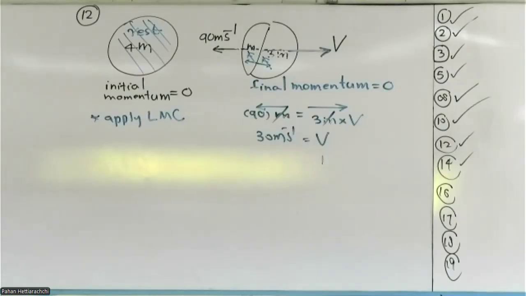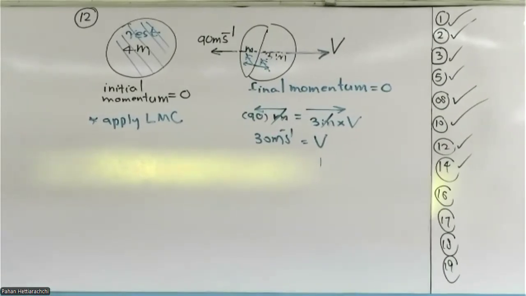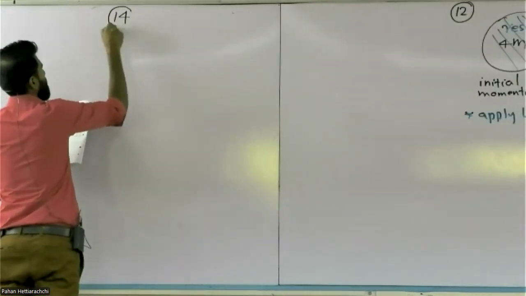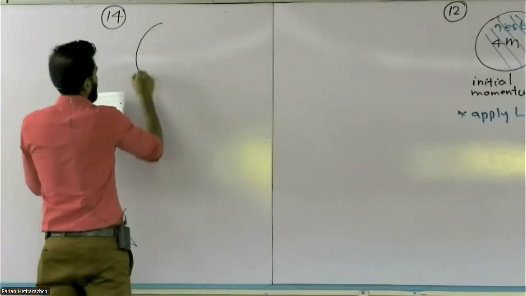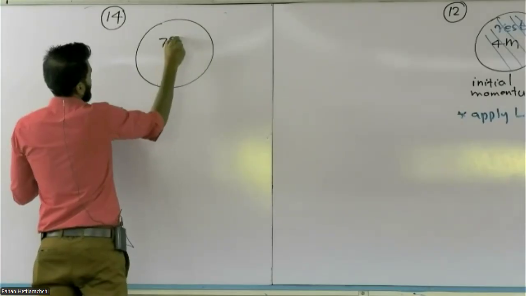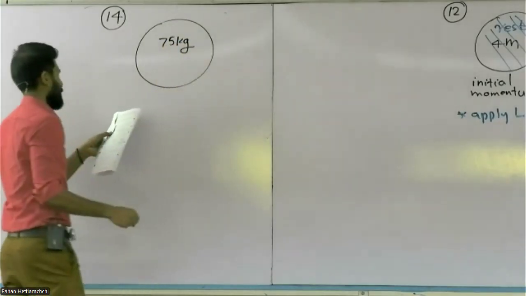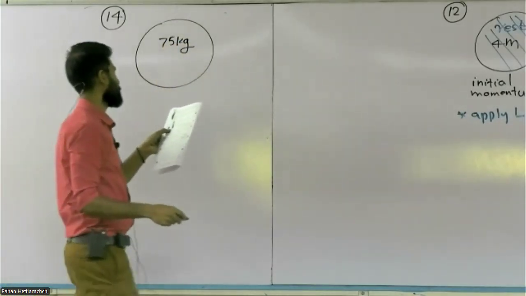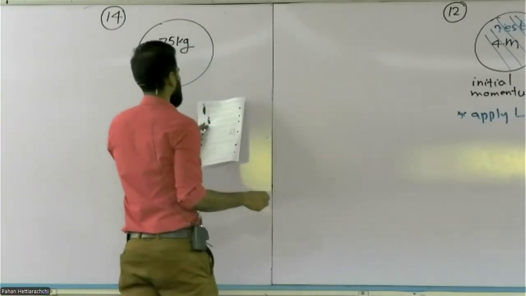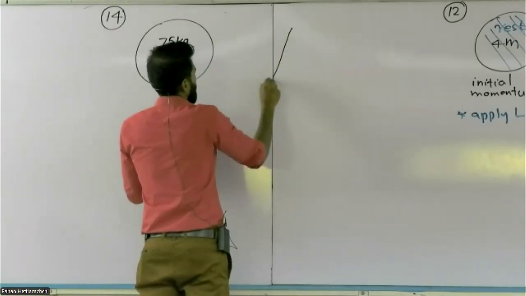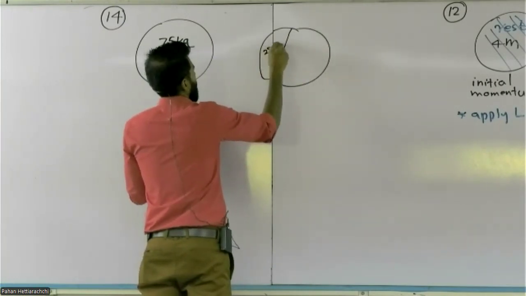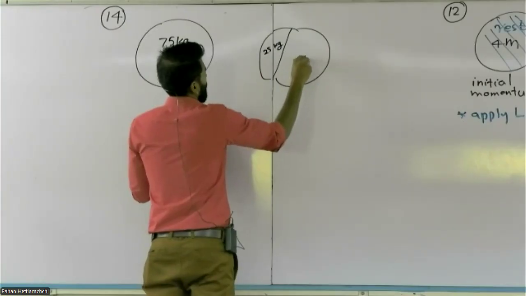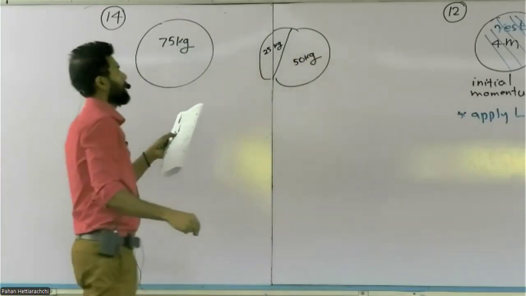Question number 14. A stationary bomb, initially at rest, 75 kg in mass, explodes into two fragments of mass 25 kilograms and 50 kilograms.